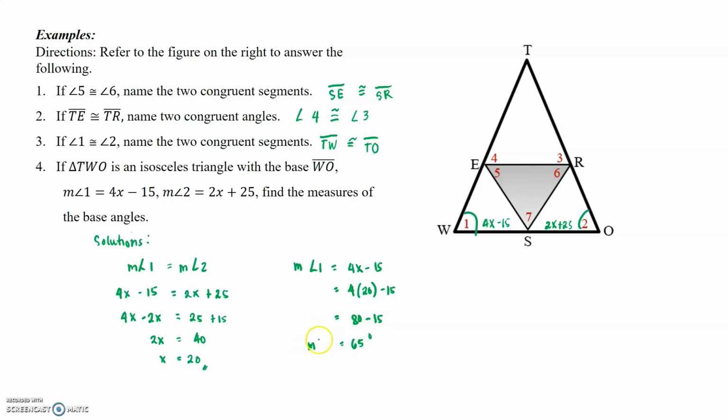So the measure of angle 1 is equal to 65. And since angle 1 is congruent to angle 2 and the measure of angle 1 is equal to the measure of angle 2, we can also say that the measure of angle 2 is also 65 degrees. So the measure of the base angles of our isosceles triangle TWO is 65 degrees.